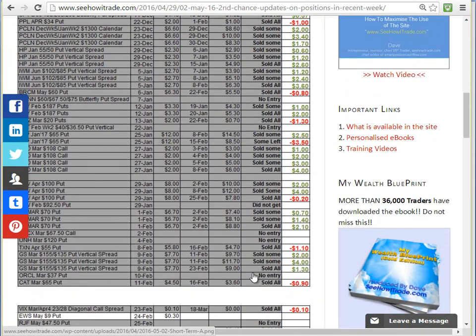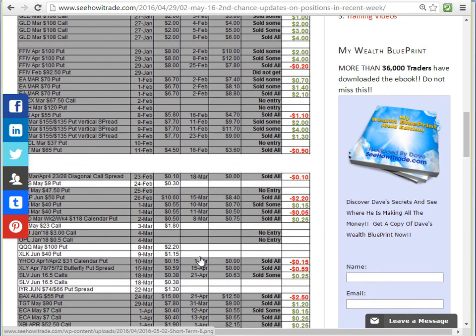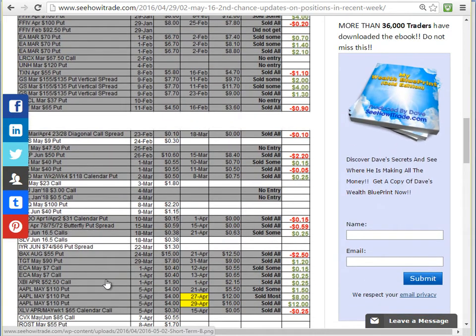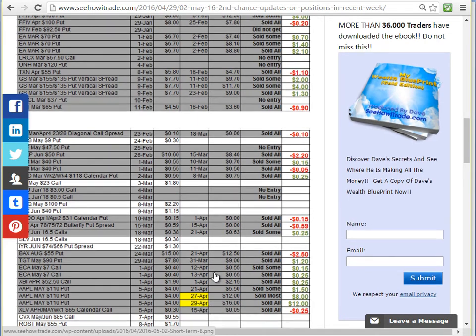Let's take a quick look at the positions that I've taken for Apple and exited. As you can see over here, those highlighted in yellow, I positioned on 5th April at $4 and exited at about $12 and $16. There are some I exited at $16 as well.